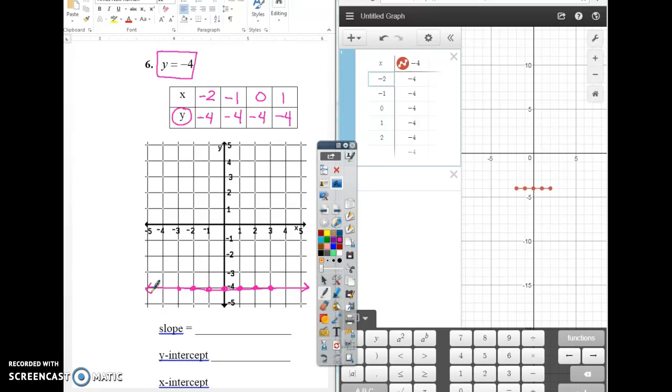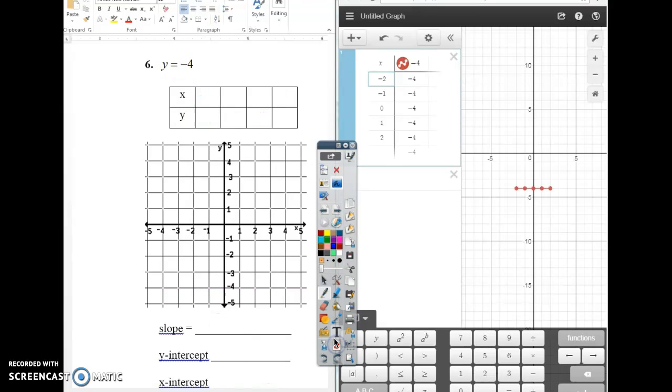What type of slope does a flat line have? 0 slope. Okay? Does it ever cross the y-axis? Yes, at -4. So, does it ever cross the x-axis? No, it never crosses the x-axis. So that means there is none. Okay?